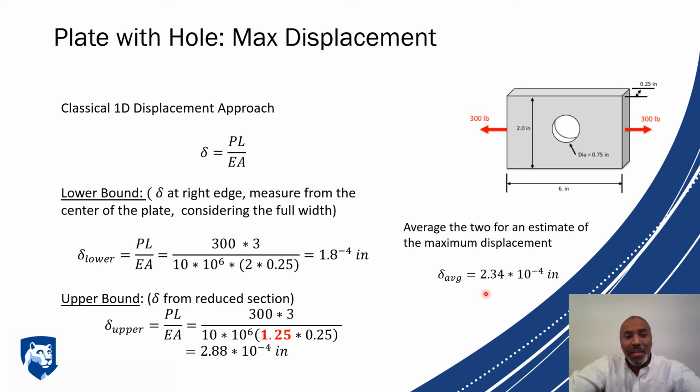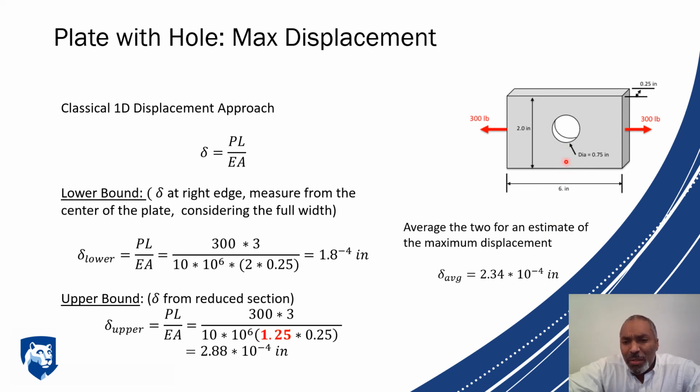And that's enough analysis for this plate. One thing I do have to point out is that when we use this length of 3, we're looking at just half of the length of the plate. Since we're looking at half of the length, we're assuming this half is going to extend by either 1.88 or 2.88, the lower and upper bounds, or this average 2.34.